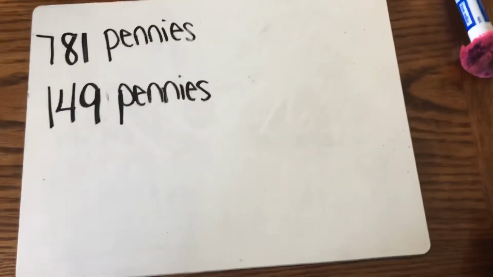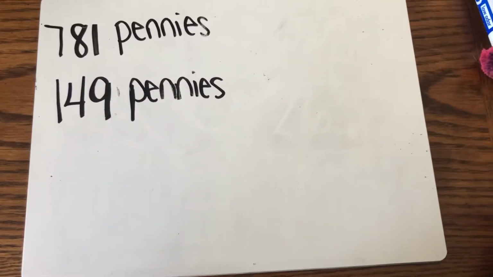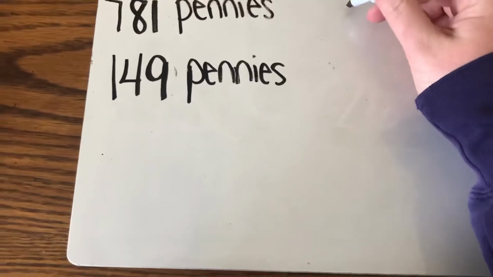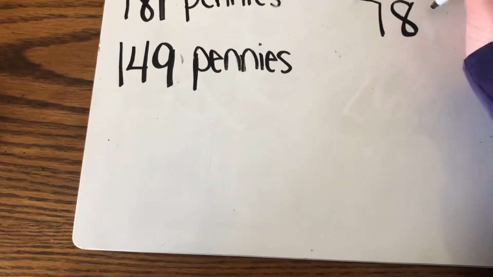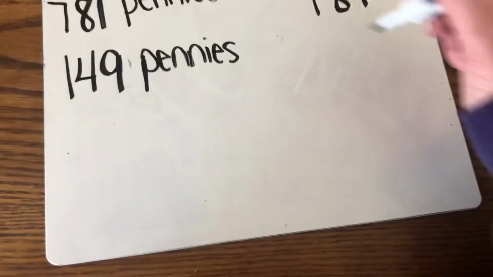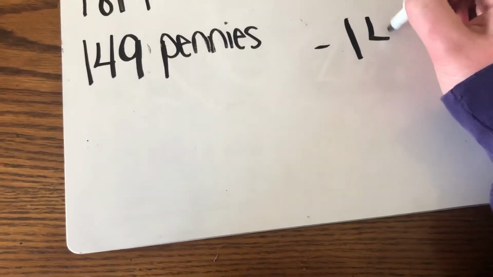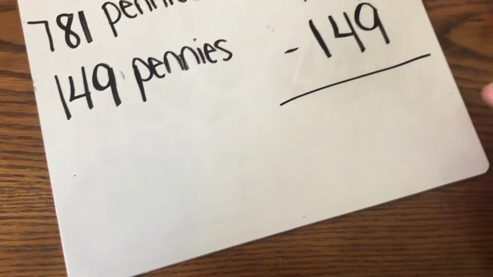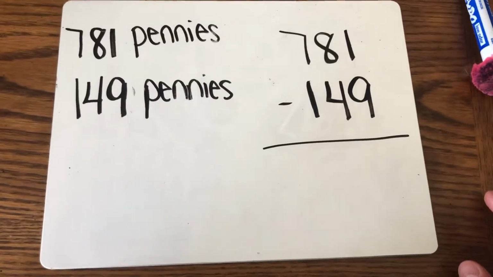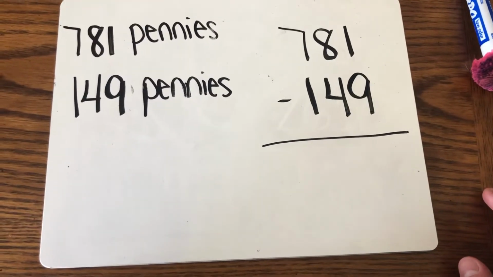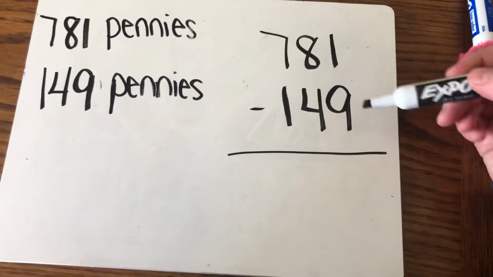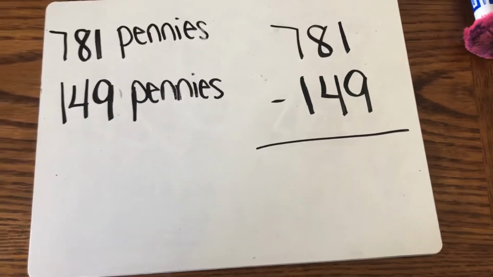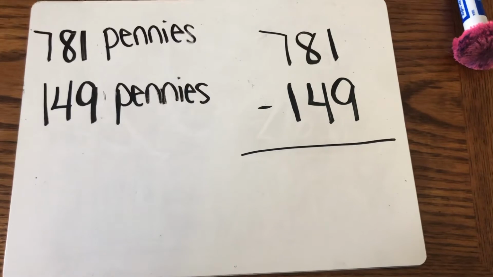You can go ahead and write that estimate on your paper. And then you can go ahead and write this so we can find the actual answer. I'll give you a few seconds to write these things on your piece of paper.